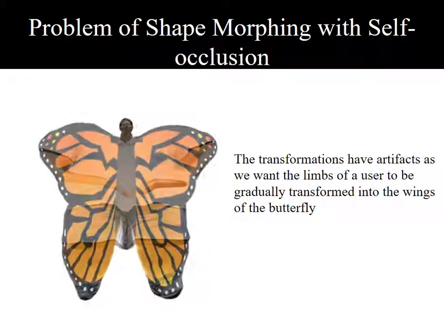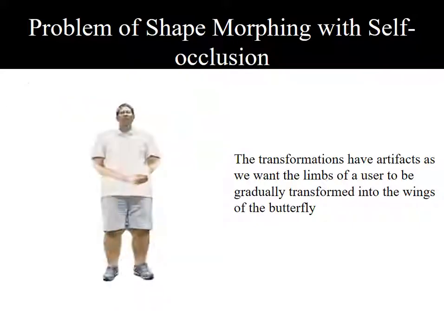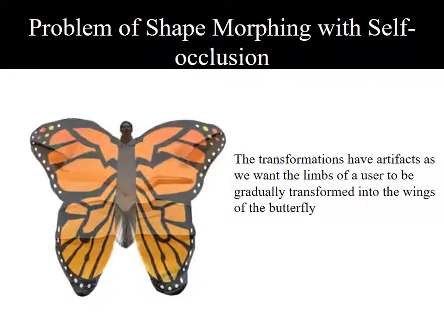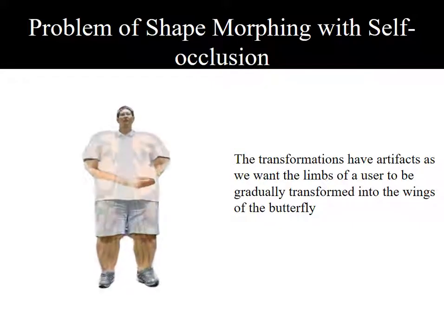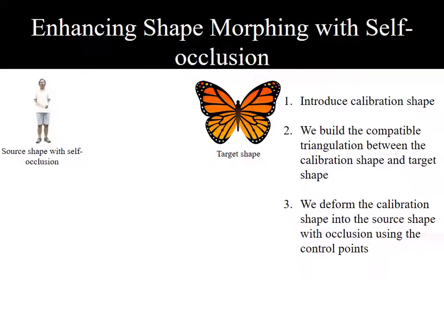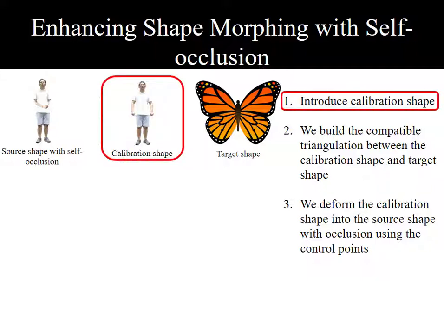Due to the lack of topology information, building compatible triangulation for shape with self-occlusion cannot distinguish the overlapping parts. In order to enhance the compatible triangulation with self-occlusion, we introduced the calibration shape.